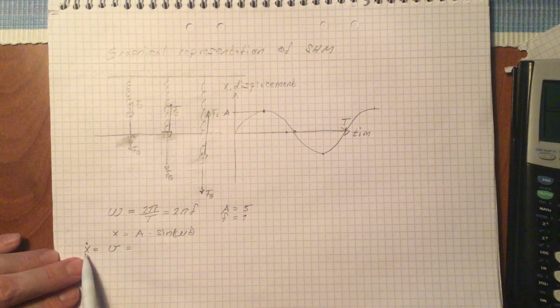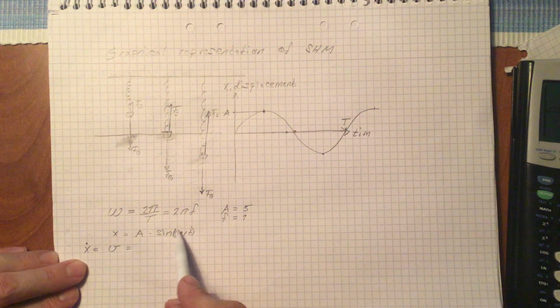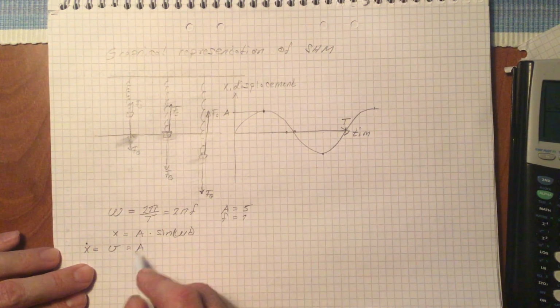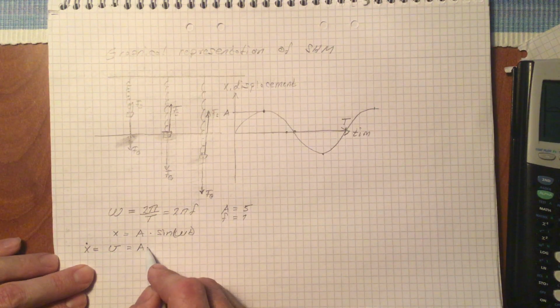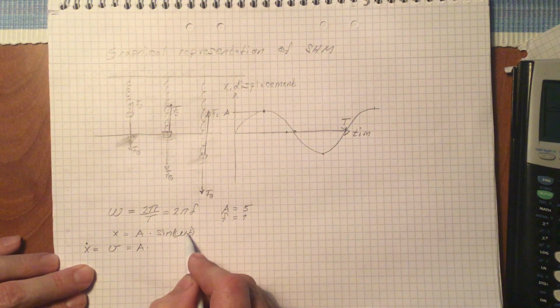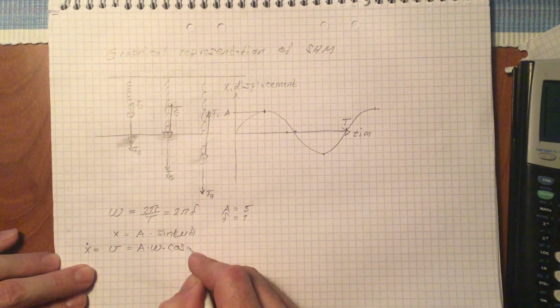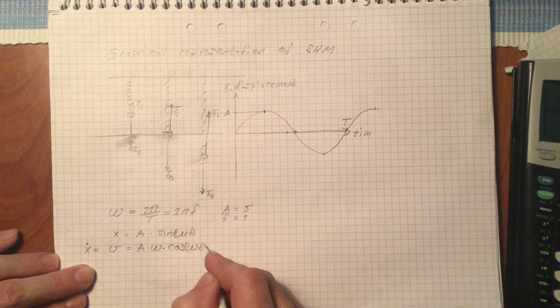The change in displacement in a certain time is the velocity. So I have to differentiate this function. And if I do that, you've done it in maths, so you know it will be the amplitude times the derivative for this, that's omega, times cos for omega t, like this.